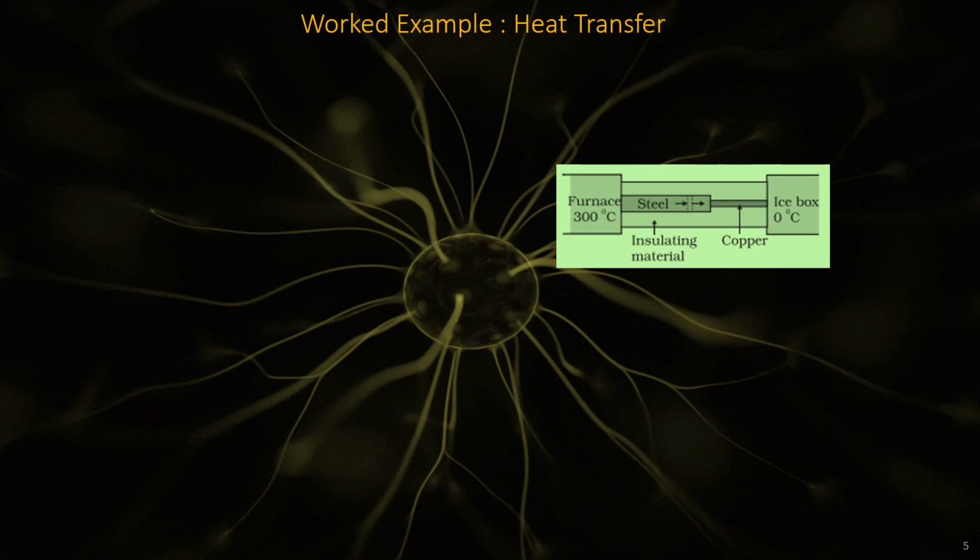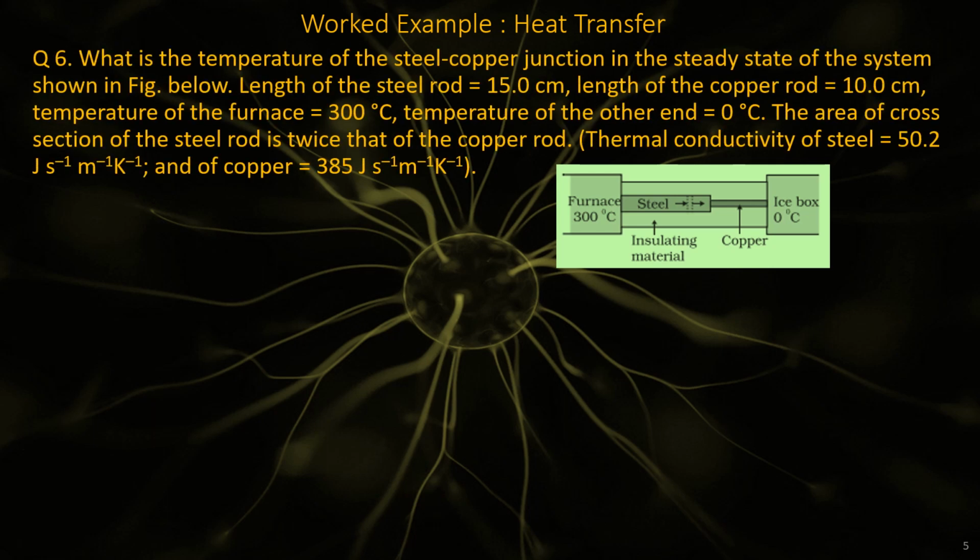Now we will take up a worked example to understand the phenomena of heat transfer. Question number 6. What is the temperature of the steel copper junction in the steady state of the system shown in the figure below?